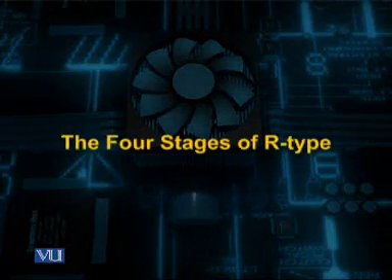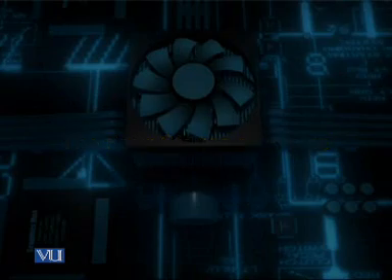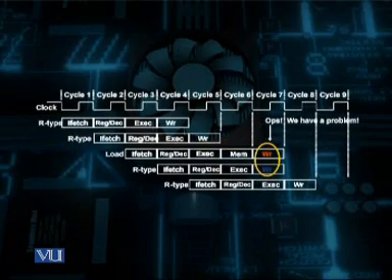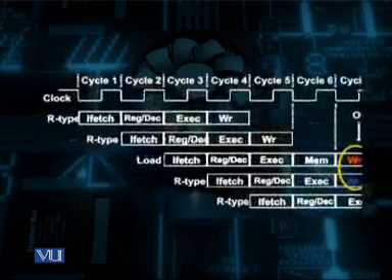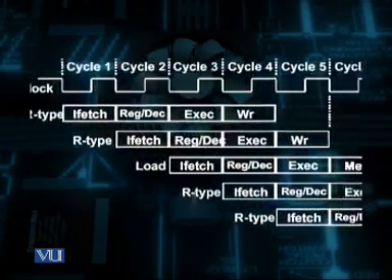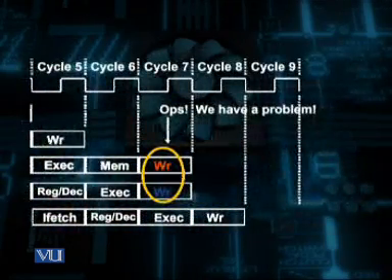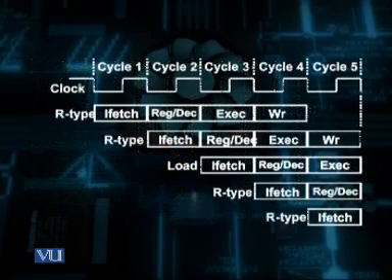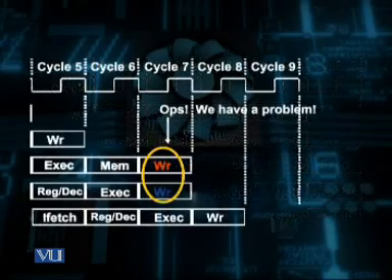Here you can see that the load instruction, which is fetched in the third clock cycle, is in the write back stage in the 7th clock cycle. Whereas the following R-type instruction, which is fetched in the 4th clock cycle, is also in the write back stage in the 7th clock cycle.